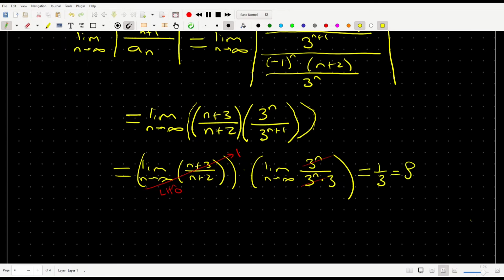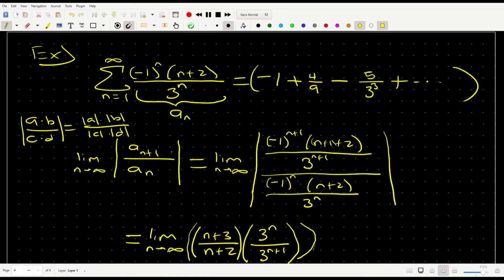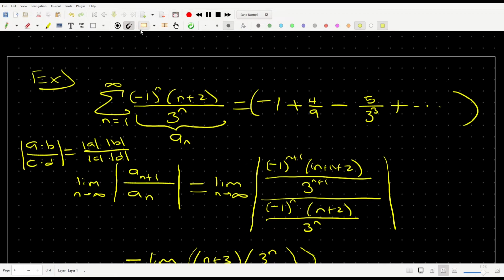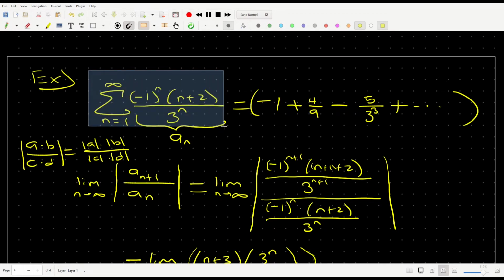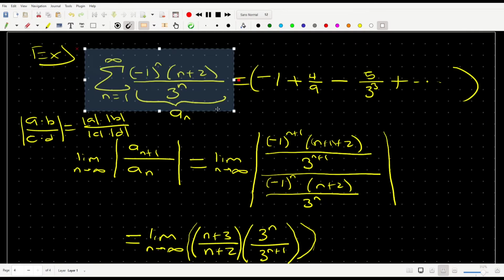And therefore, by the ratio test, the series that we started with is absolutely convergent, which means that the sum of the absolute values of this series converges, which in turn means that the series itself converges as well.